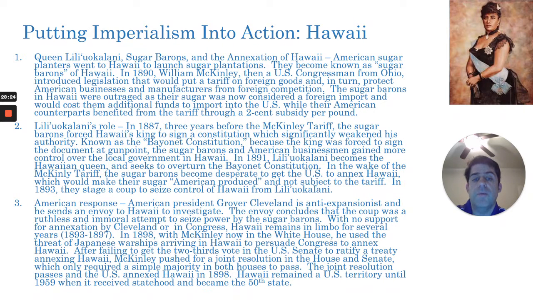The envoy, upon arriving in Hawaii and investigating the situation, concludes that the coup was a ruthless and immoral attempt to seize power by the sugar barons, and that their provisional governor or leader, Sanford Dole, who was the son of American missionaries that had settled in Hawaii, was a government that really did not deserve the backing of the United States.